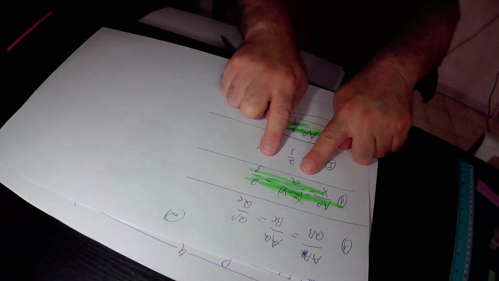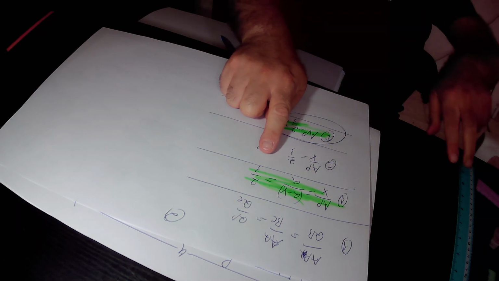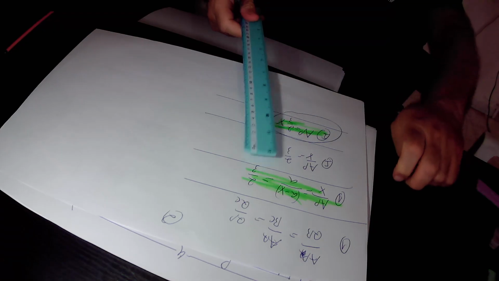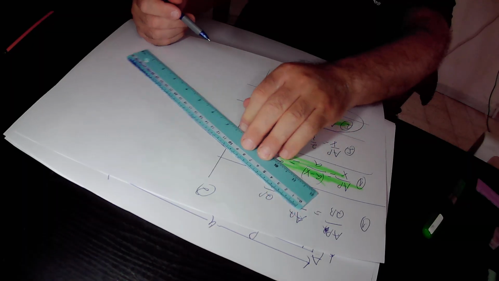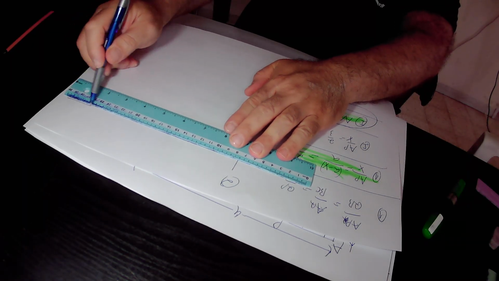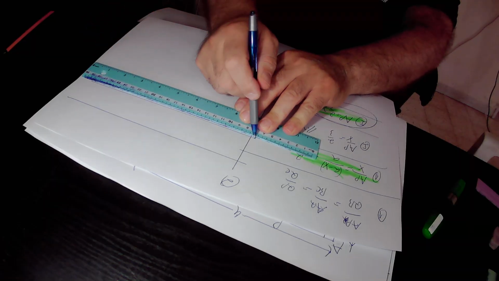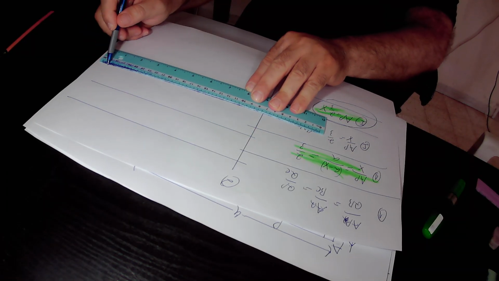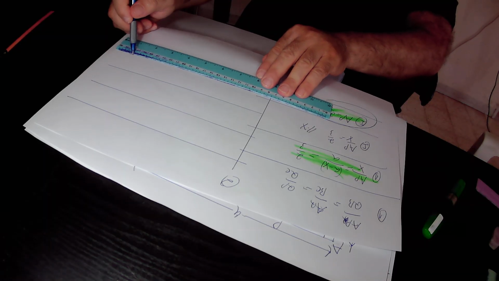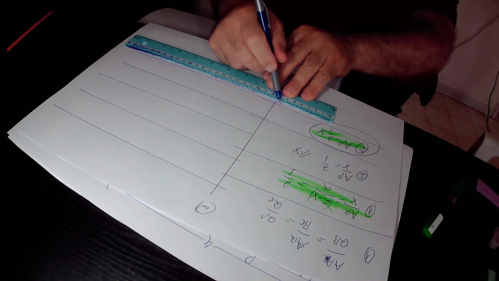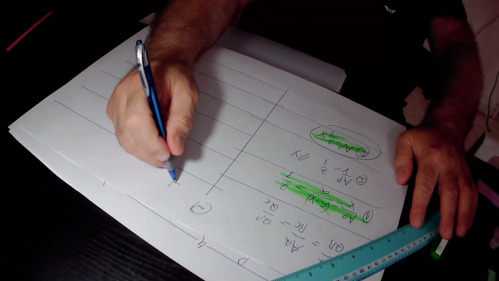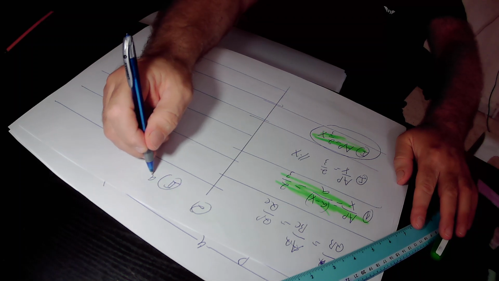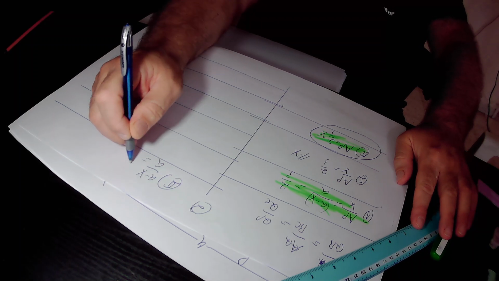So according to equation 2, we get that A minus X over A equals 2/3.